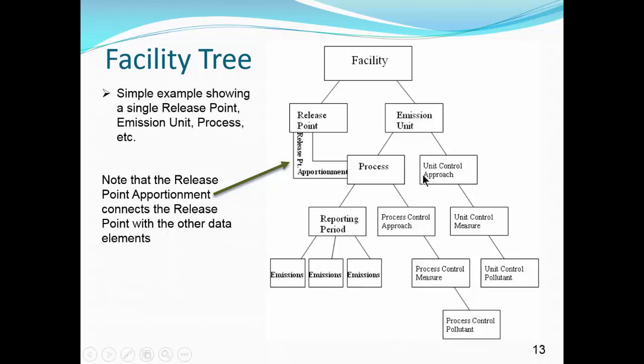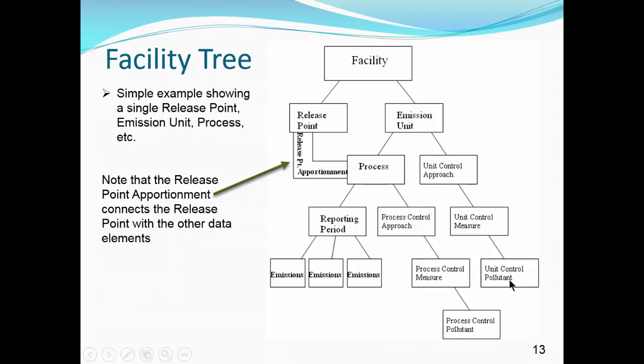If you've got an emission unit that has this control approach, then you've got a control measure, like filtering, for example. Then you've got the pollutant, so what pollutant is being controlled, and this information has to appear in this kind of order in TEISS, which is why this facility tree is in the slides.